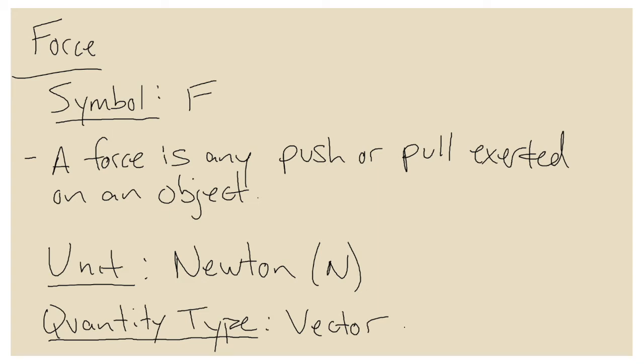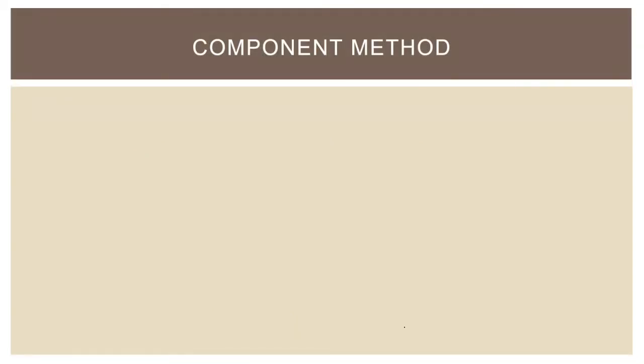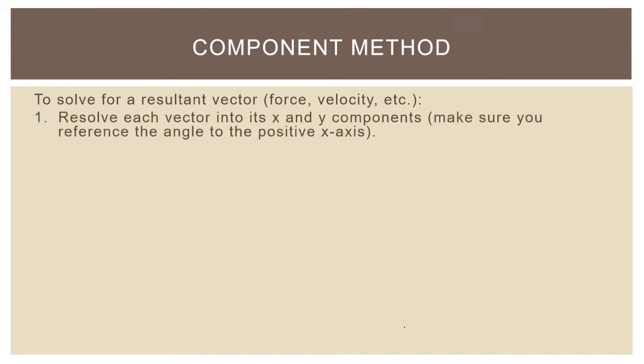Okay, so the analytical method, or the component method as it's called, has 5 main steps. I want you to write this under the heading component method. So the first step, to solve for a resultant vector, and that could be a force, a velocity, a displacement, an acceleration, whatever you want, is that you need to resolve each vector into its x and y components. And this next part that I put here is extremely important.